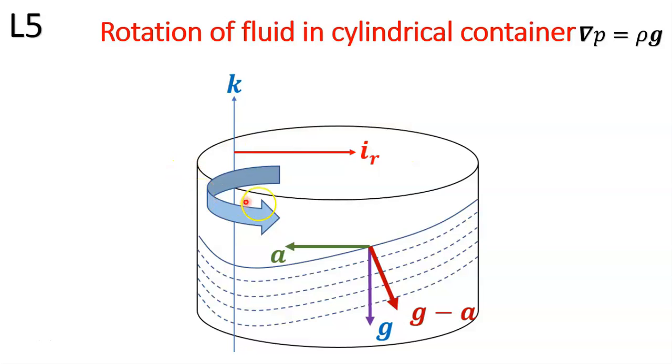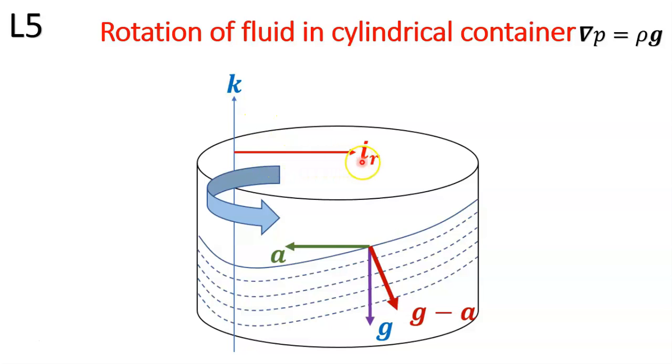Let us suppose that this is a cylindrical container and it is rotated about the z-axis, and the unit vector along the z-axis is indicated by k cap. This is the direction in which it is rotated. The angular velocity involved here is, say, omega bar, and the direction associated with omega bar is in the direction of the z-axis, so it can be denoted using k cap.